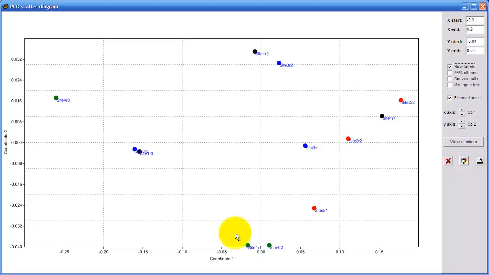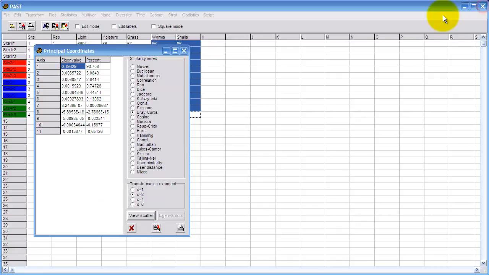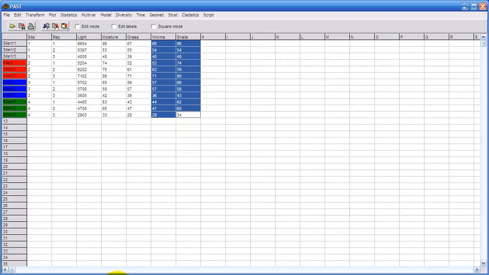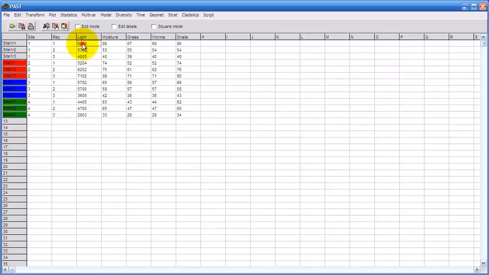Now, the beauty or the usefulness of ordinations, whatever technique we're using, starts to come in when we've got more than 2 variables. So let's go back here and look at the environmental variables.